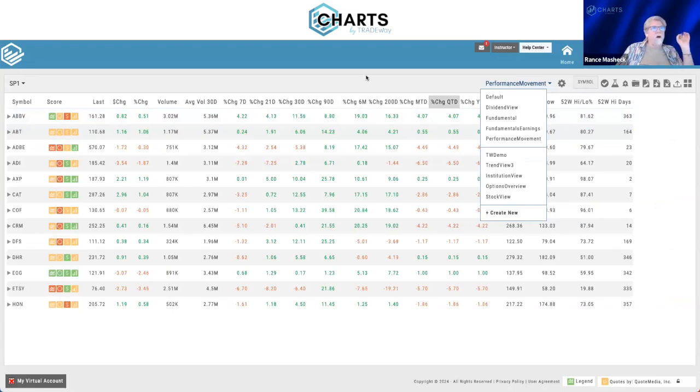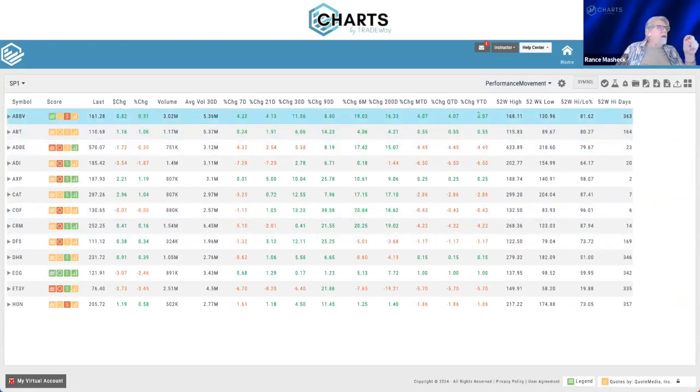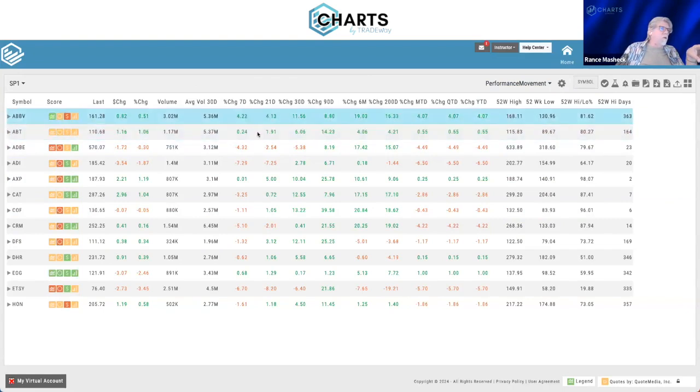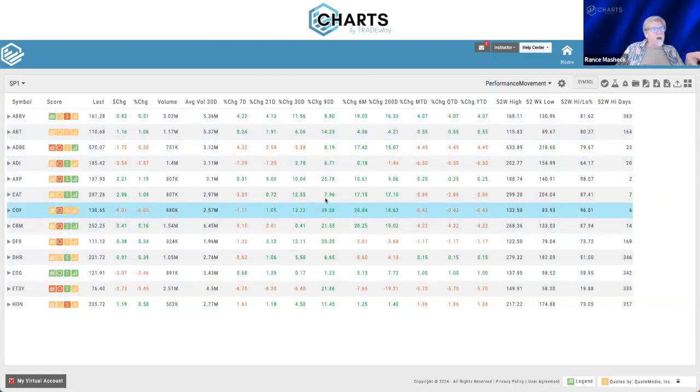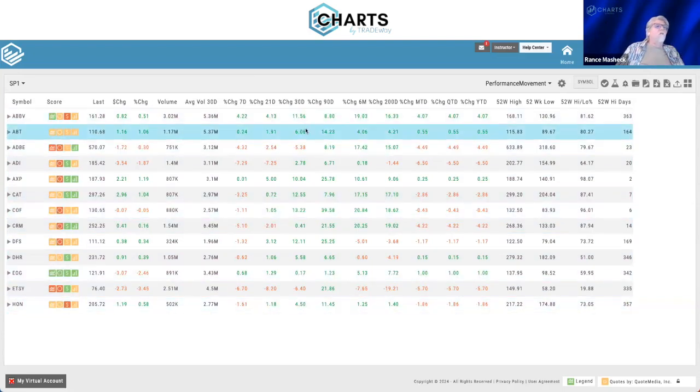This can give you an idea: we see what's long-term going up, and some of these short-term going up, but you can also see some short-term that are down or long-term. So it gives you a better overall view of performance over that time.